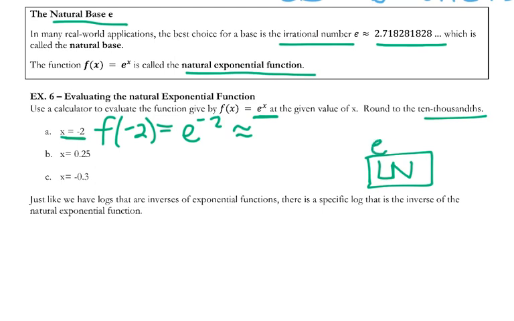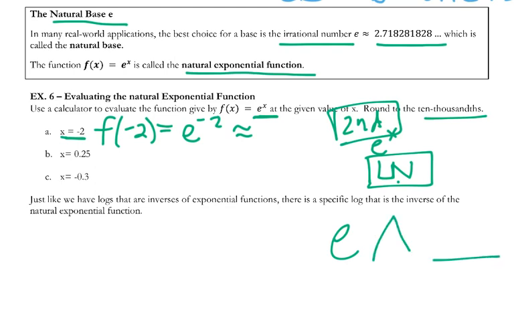So in blue it says e to the x. We have to press the second button, and then the natural log, or ln, and that will give us e to the x. So on your calculator, it should look like this, either with an open box for an exponent, or with a caret like this, and you fill in the exponent.